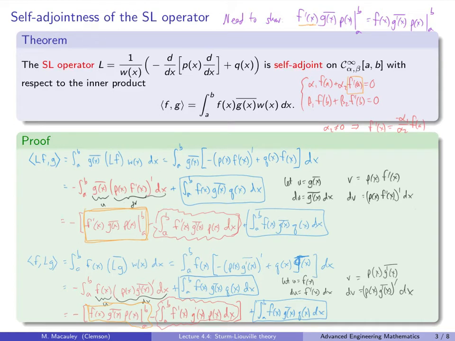Let me just write that up. So I'll do one of them. So f prime of b, g of b bar, p of b minus f prime of a, g of a bar, p of a.